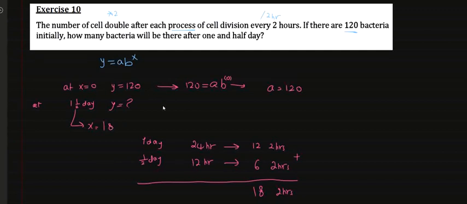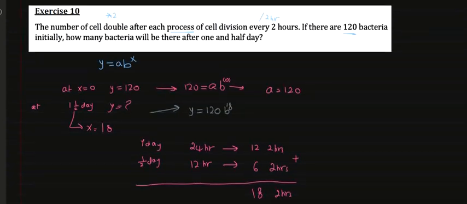Okay, so directly we will substitute this, and we will say that Y is equal to 120 and the B to the power of X, which is 18, and here we know that. Okay, so how can we look for the B?